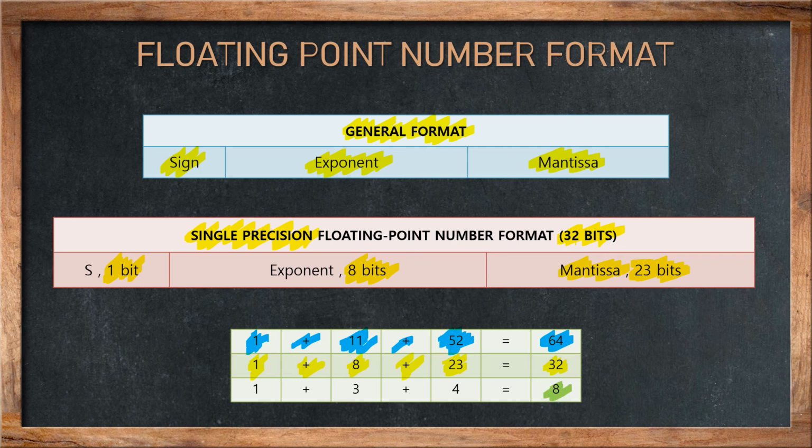In that case, the ratio is 1 plus 3 plus 4. This 1 bit is for the sign, 3 bits for the exponent, and 4 bits for the mantissa. It's easy. In the next lecture we will start discussing and do the sums based on the single precision 32 bit floating point number system.